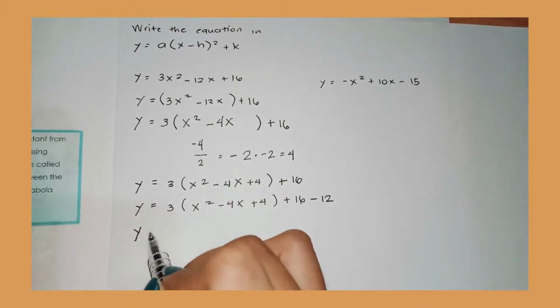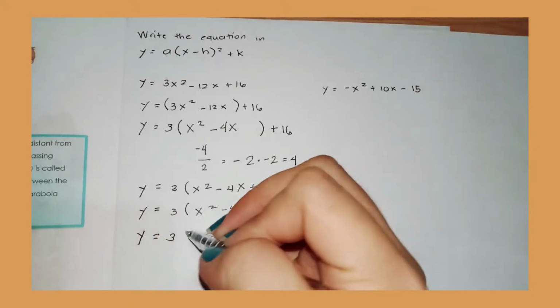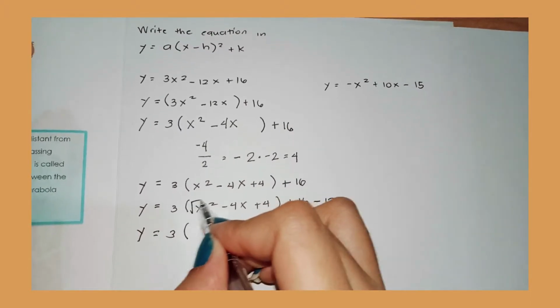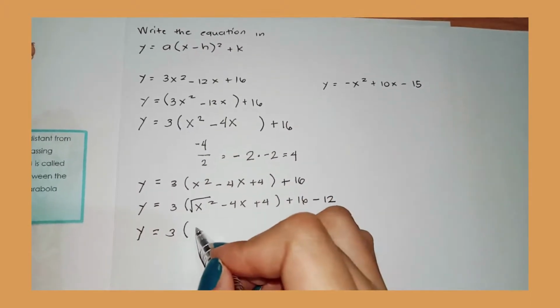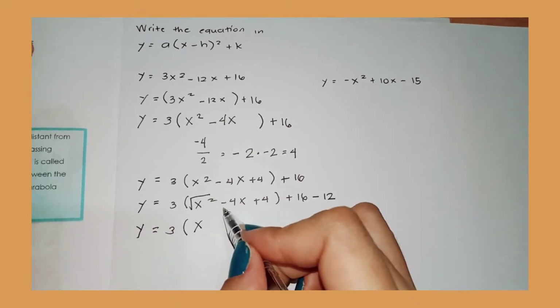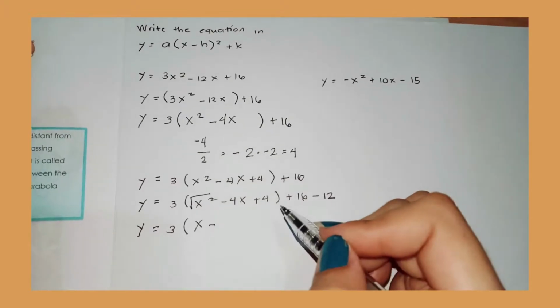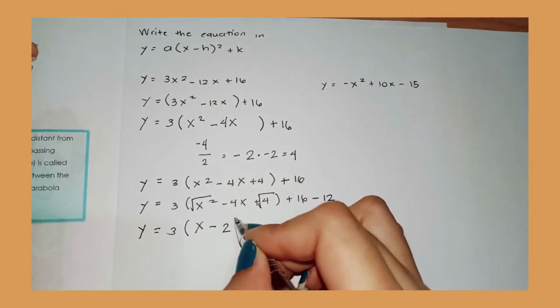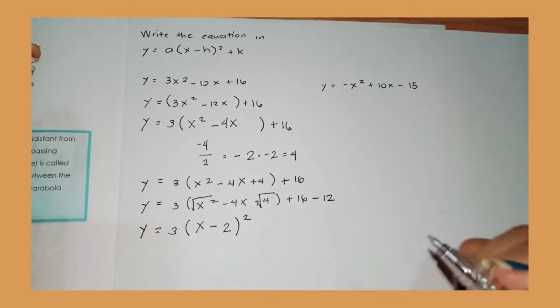Next na gagawin, isi-simplify natin siya. Copy y is equal to 3. I-factor natin itong trinomial. Kunin ang square root ni x squared, ang sagot ay x. Copy the symbol or the sign, negative. Then, kunin yung square root ni 4, which is 2. Lagyan lang ng squared.